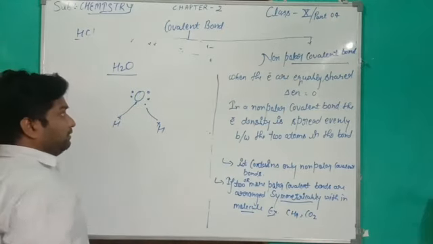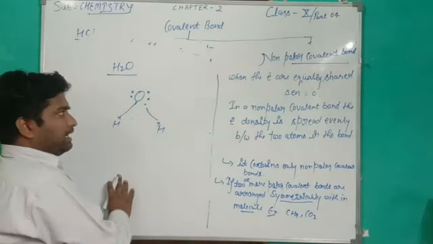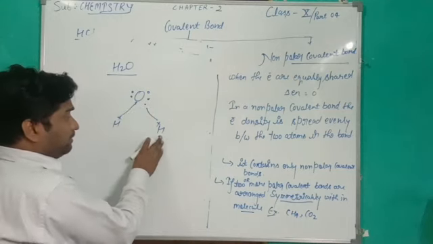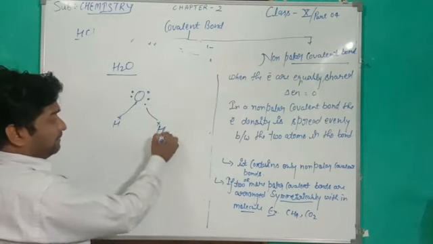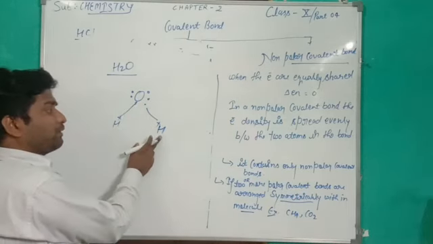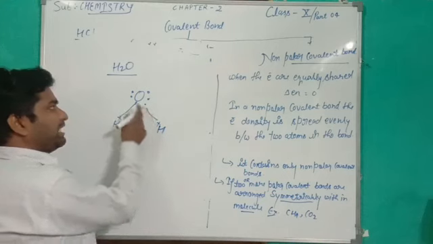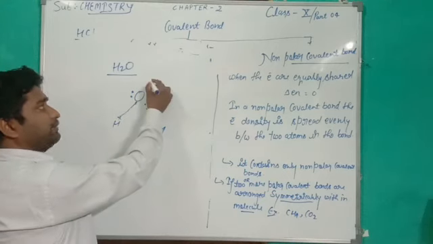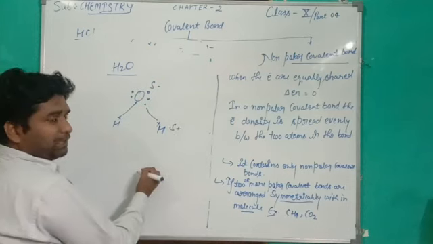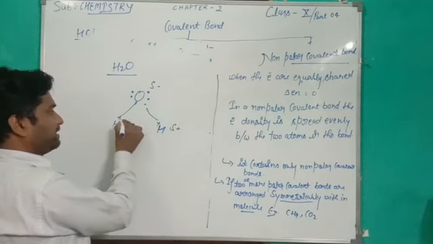Okay, look here. Oxygen atom has the greater electronegativity than the hydrogen atom, which means oxygen atom is more powerful than the hydrogen, so shared electrons shift towards the oxygen atom. So oxygen atom gets a partial negative charge and hydrogen gets a partial positive charge, and the same case here.